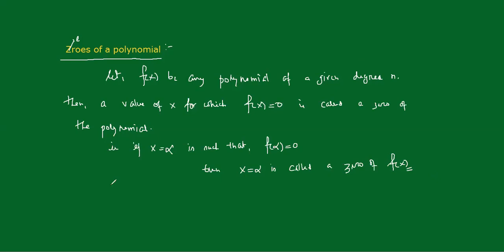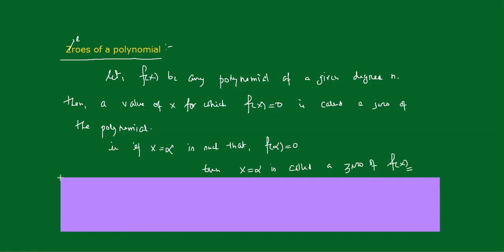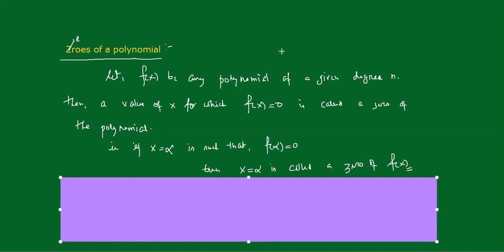Okay, very nice. So now we'll be taking some examples so that you will understand these very, very clearly. Example: let us consider one very small polynomial so that you will understand this very clearly.